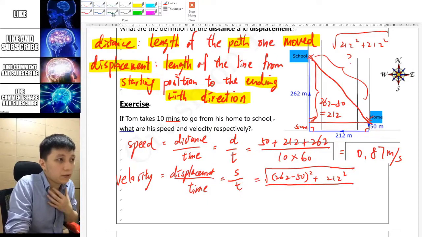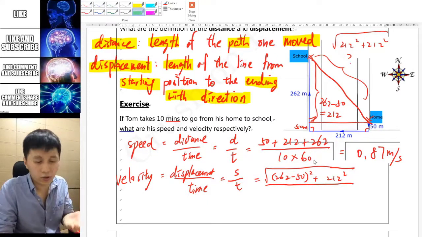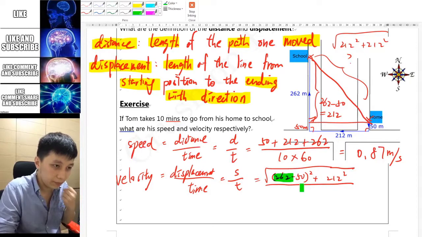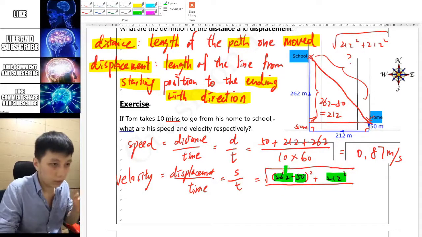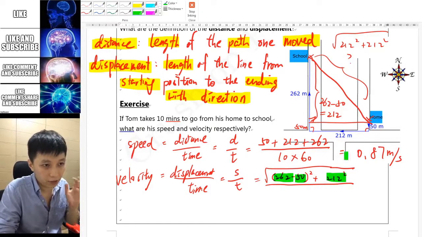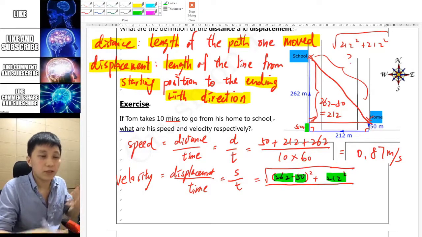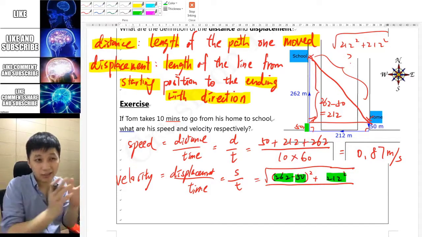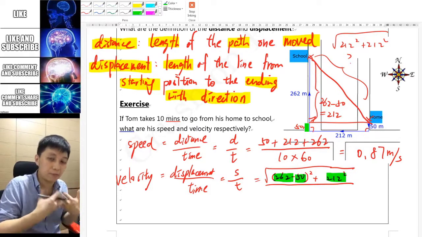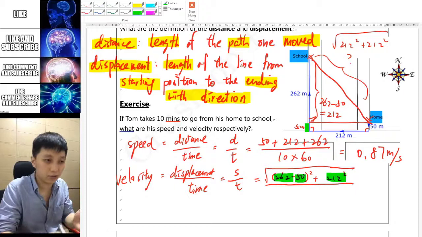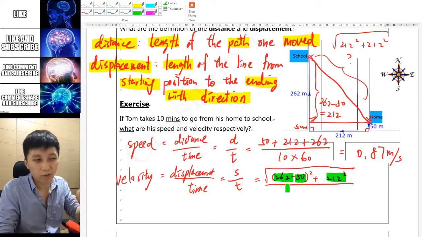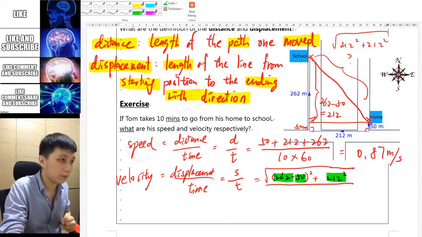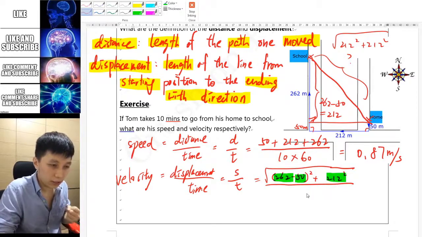The reason I said this is a good presentation is because all these numbers are shown in the question, or in the diagram: 262, 50 and also 212. If you did some calculation on the side, you can't expect the marker to know you did that, right? So all the numbers that you show at the beginning should be from the question itself, or you should explain how you get that number. So that should be the one that you need.